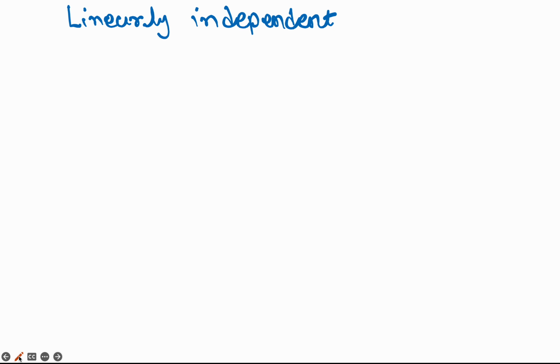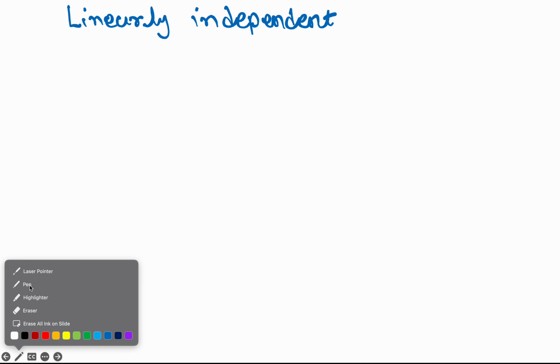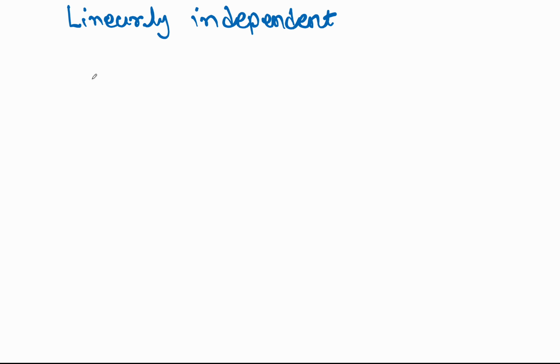I will not give the exact definition, but we'll see what they mean when we say they are linearly independent.